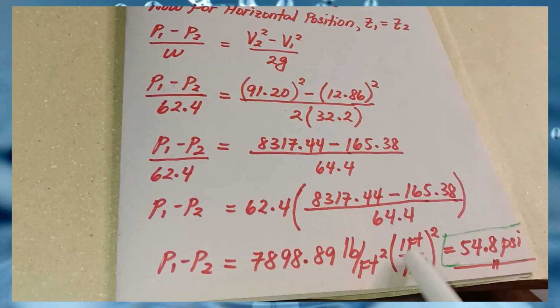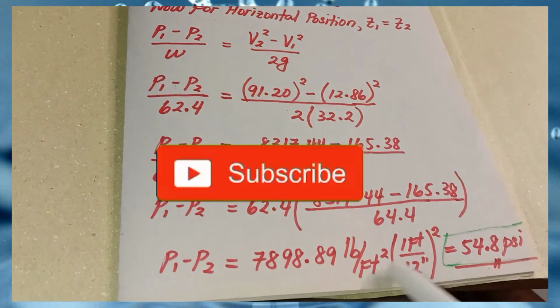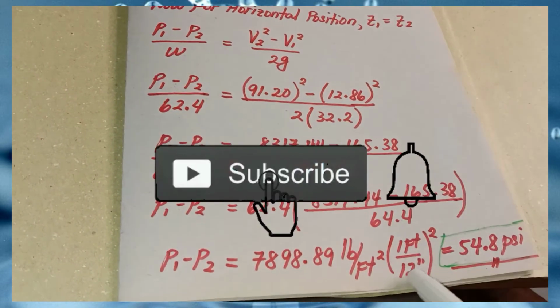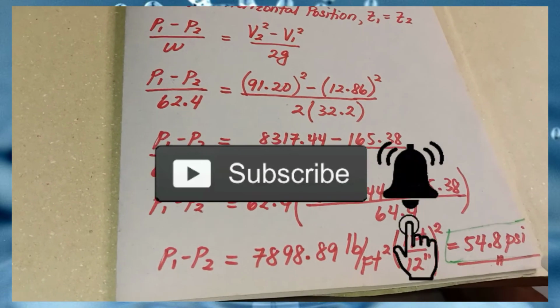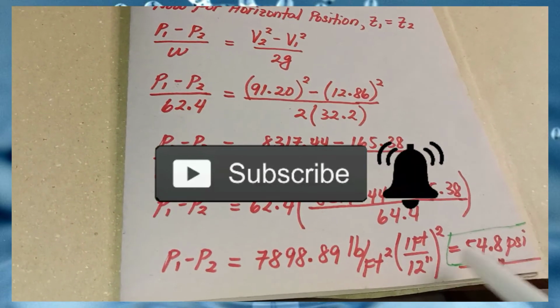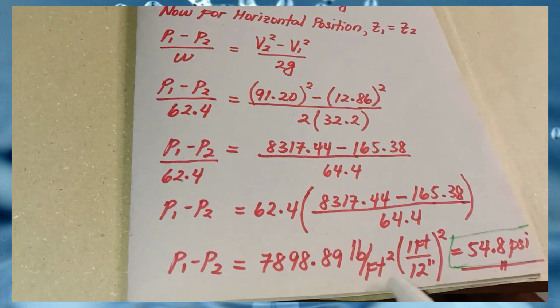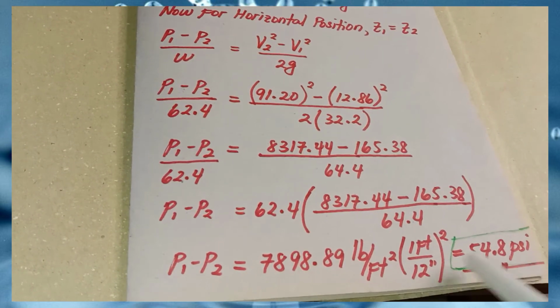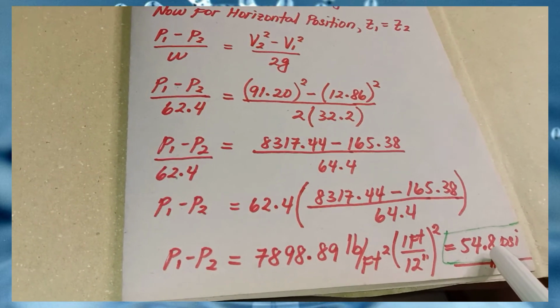The conversion is 1 foot is 12 inches, squared, so that the feet squared will cancel. So the result will be pounds per square inch, which is equal to psi. So the equivalent of this 7,898.89 pounds per square foot is 54.8 psi. So this is the final answer to our problem.